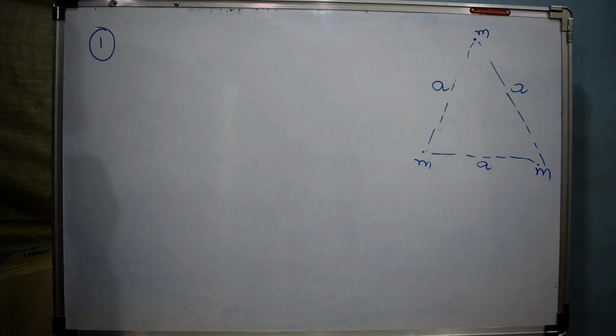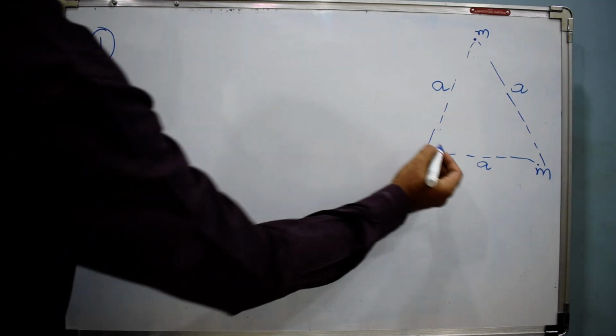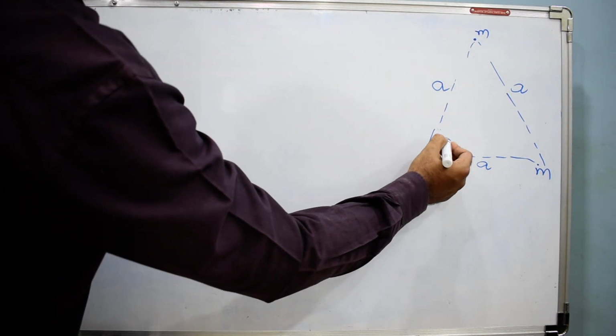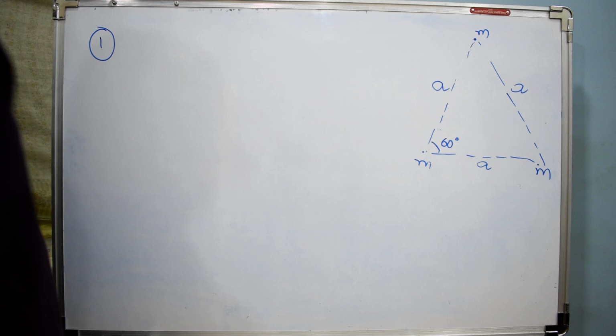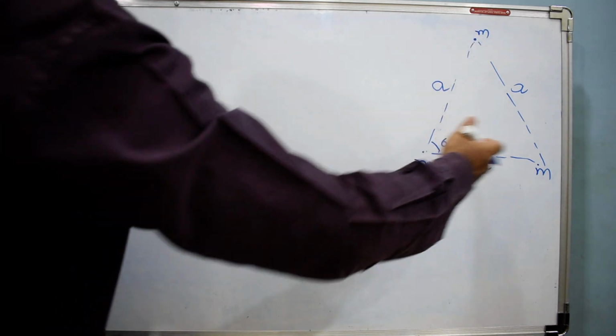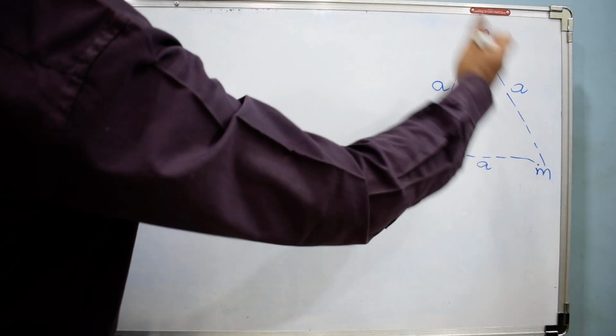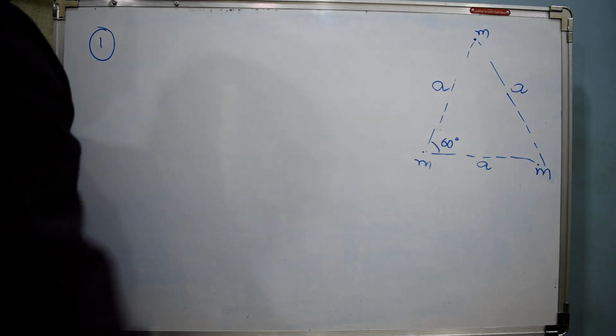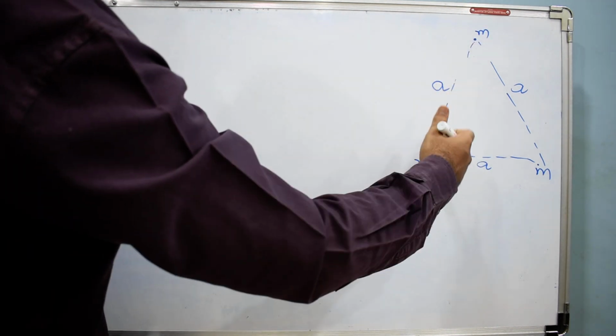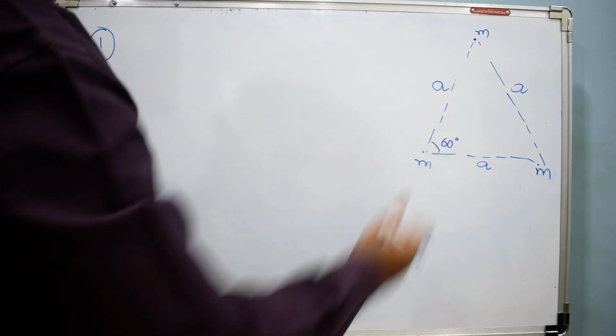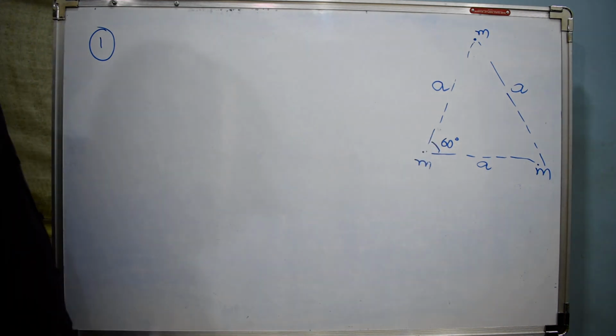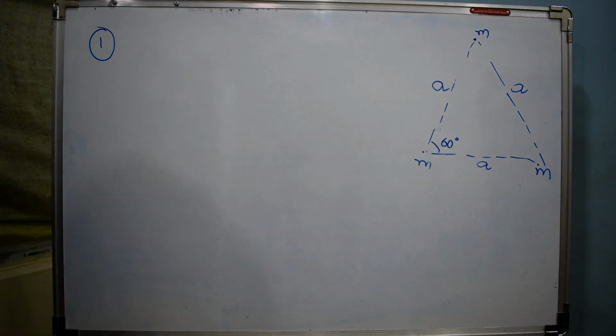Okay, since it is an equilateral triangle, this angle will be equal to 60 degrees, because if we join the positions of these three masses, the angle between these two sides will be 60 degrees, because in an equilateral triangle all the angles are equal and all the sides are equal.